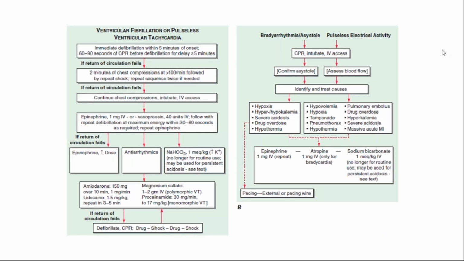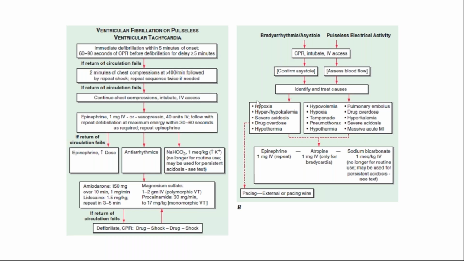These are basically the two ways patients usually present with cardiovascular collapse. The patient may be bradycardic or tachycardic. That is, the patient is having ventricular fibrillation or pulseless VT, or the patient can present with asystole or bradyarrhythmia.